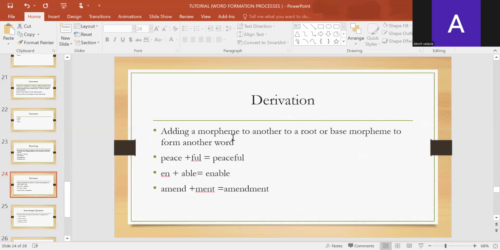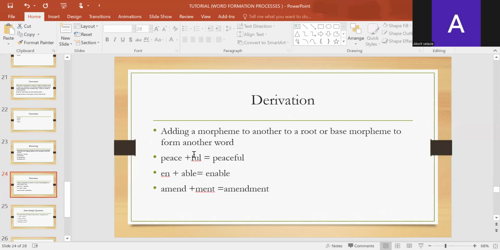Derivation, you're adding a morpheme to a root or base morpheme to form another word. I think we discussed extensively what is a free morpheme. A free morpheme stands by itself. It can be on its own. In other words, if you go to a dictionary, you can get that word listed there with its meaning. So that free morpheme, which has its own meaning, can be a base or root.